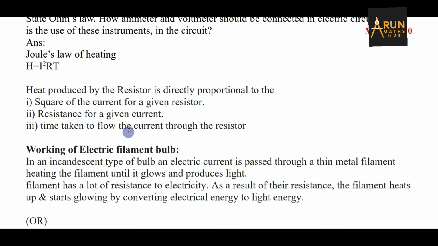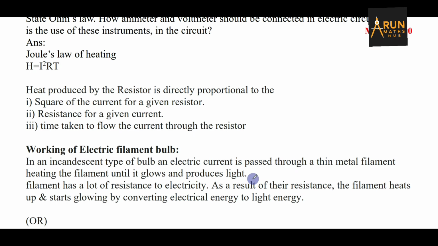Working of electric filament bulb. In an incandescent type of bulb, an electric current is passed through a thin filament, heating the filament until it glows and produces light. See, when you pass current through the filament, what happens? The filament gets heated up.